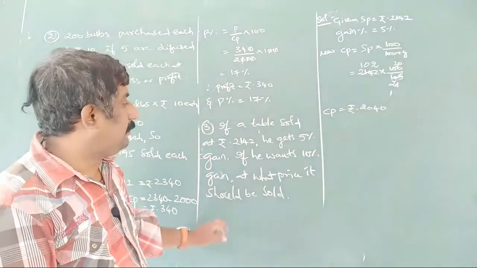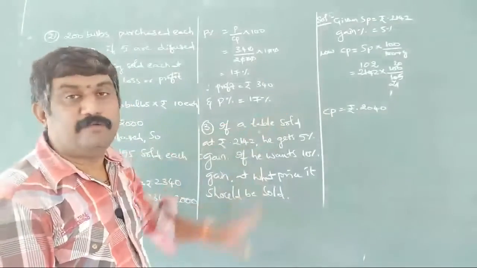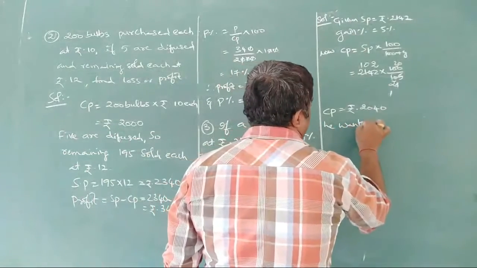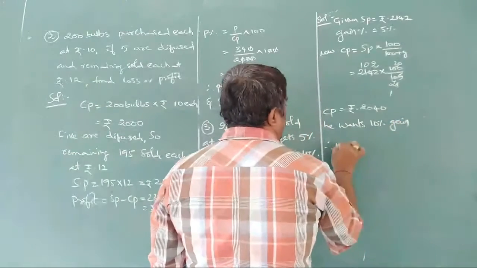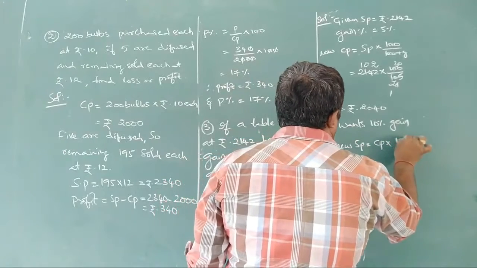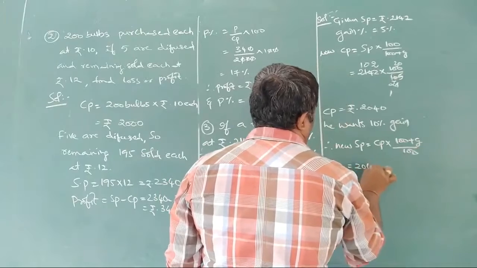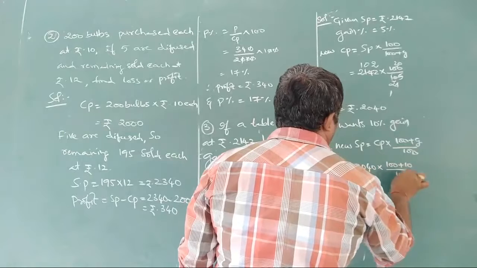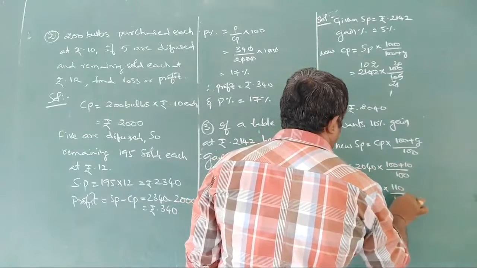Now what does he want to get here? He wants to get 10% profit on 2040. Therefore new SP is equal to CP into 100 plus gain by 100. 2040 into 100 plus 10 by 100. 2040 into 110 by 100.